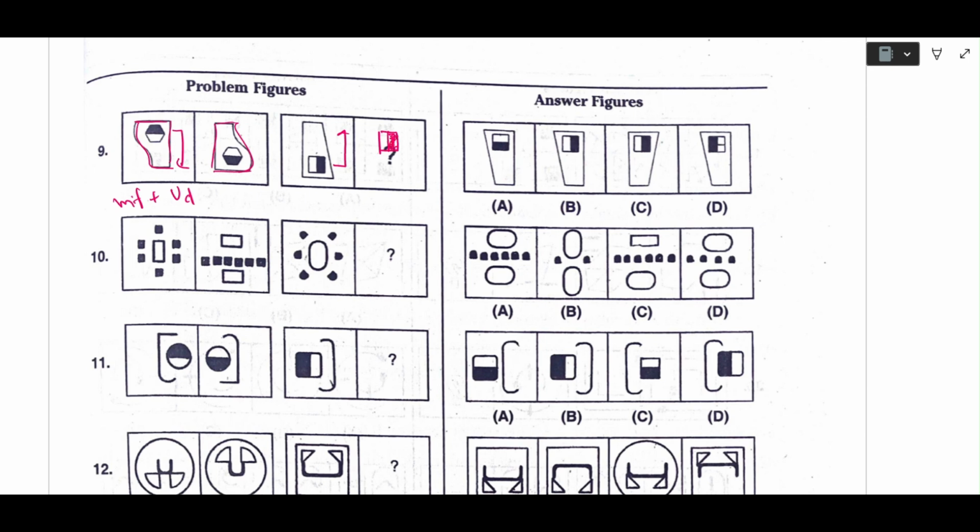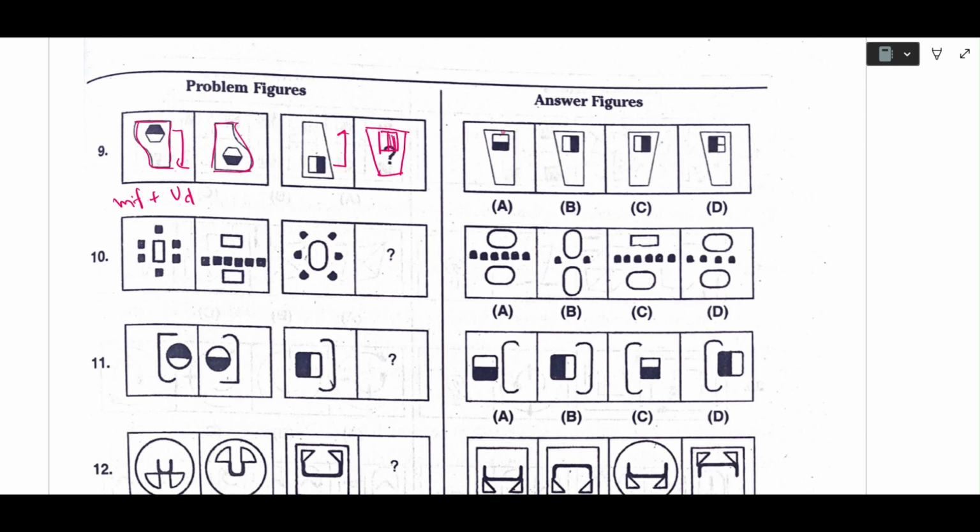And then let's look into this one. First of all, it should be a mirror figure and also upside down. If we draw the mirror figure, it would be like this, but the upside should be down, right? So it will be like a bigger side here and a small side here. So we have to find this figure, which is internally black. Let's see what the figures are here.